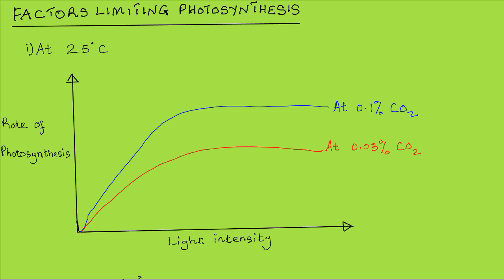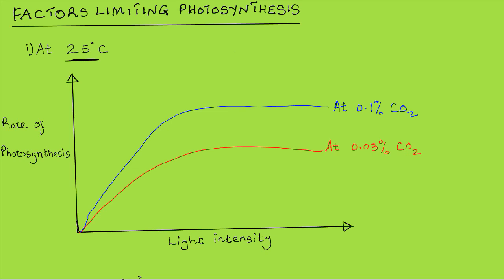Now, if we increase the CO2 concentration from 0.03 to 0.1%, because remember, in the atmosphere, the normal concentration of CO2 is about 0.04%. Now, if we increase it from 0.03 to 0.1, then the rate of photosynthesis at this optimum light intensity rises, so that we have a higher rate of photosynthesis.